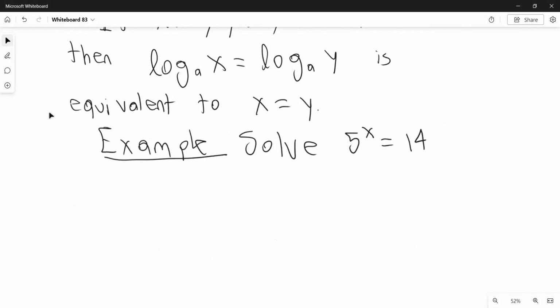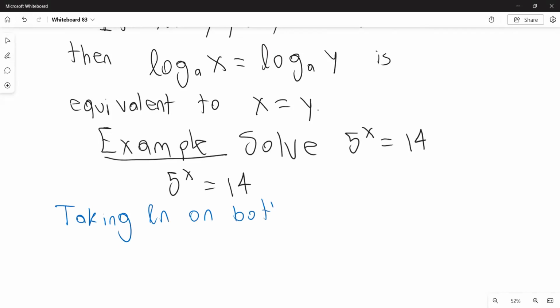The properties of logarithms allow us to bring down that exponent. We can do that by taking either the natural logarithm or the common logarithm on both sides. I'm choosing natural logarithm or common logarithm because those are the ones that I know how to evaluate.